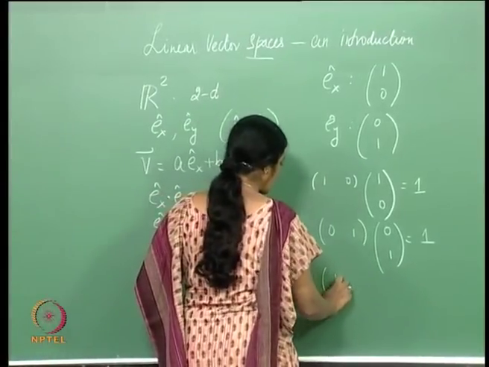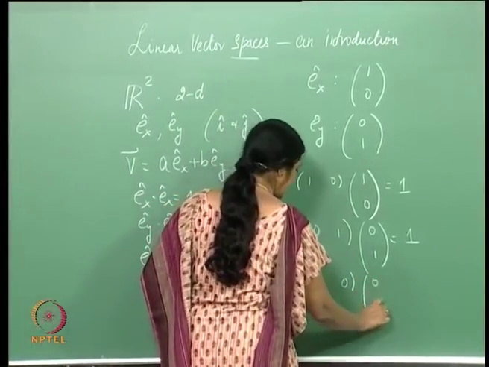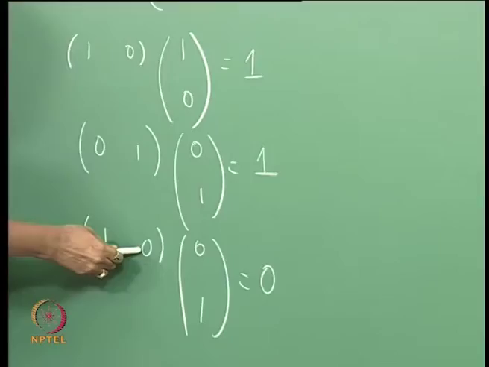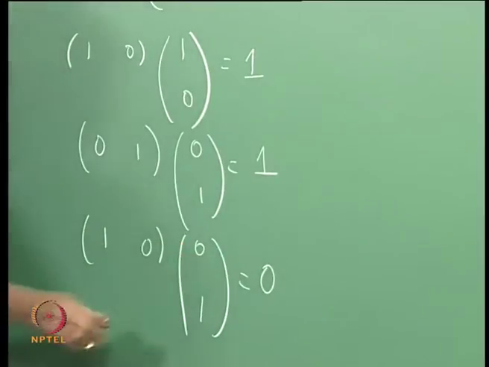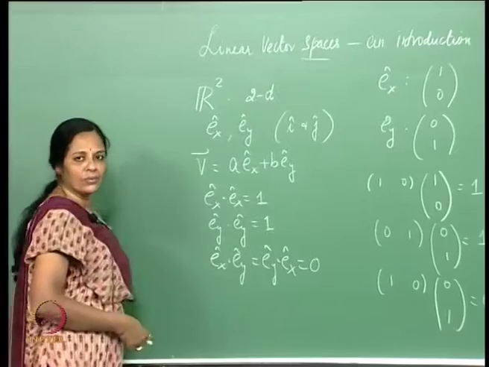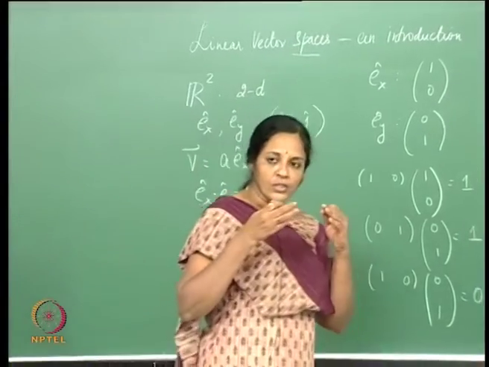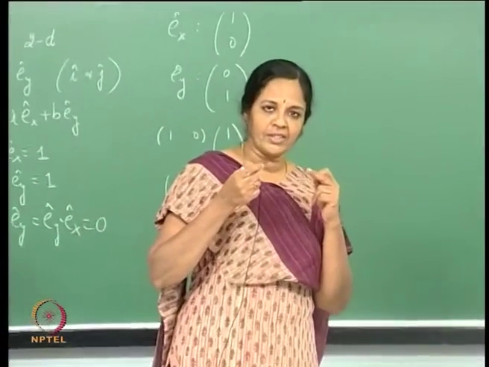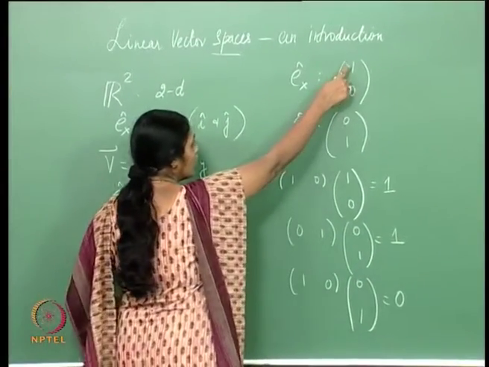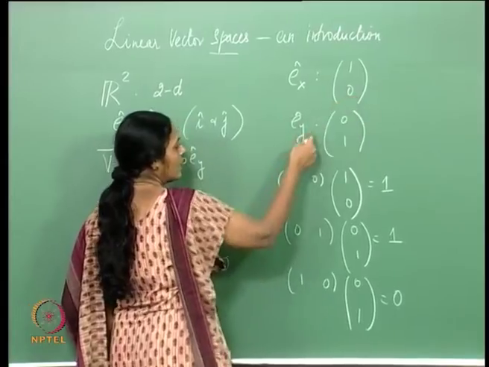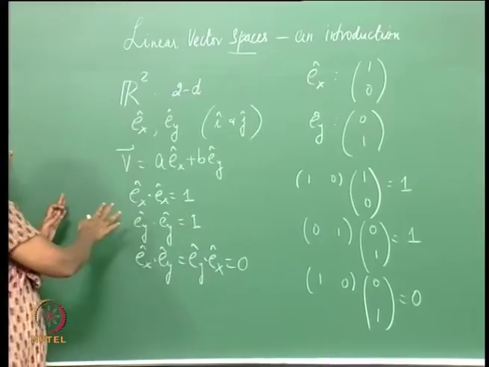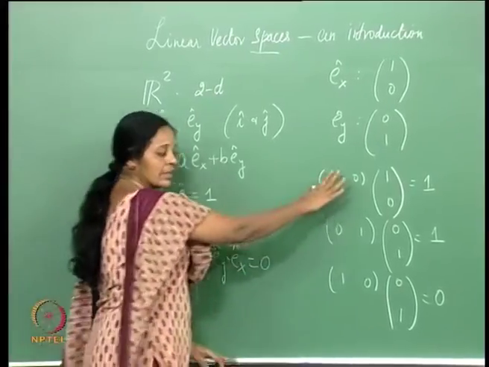And of course, if I multiplied the row 1 0 with the column 0 1, I get a 0, and that's like saying that Ex dot Ey is 0, and so on. So I can associate with the unit vector Ex in 2 dimensions the 2 component column 1 0, and with Ey the 2 component column 0 1, and I have reproduced these relations in this notation.